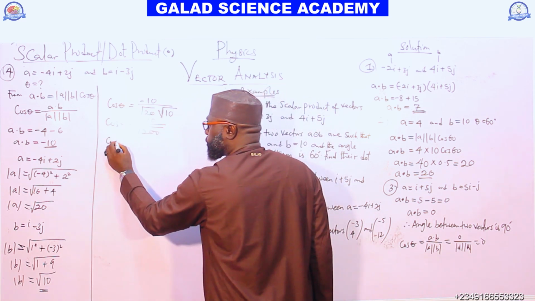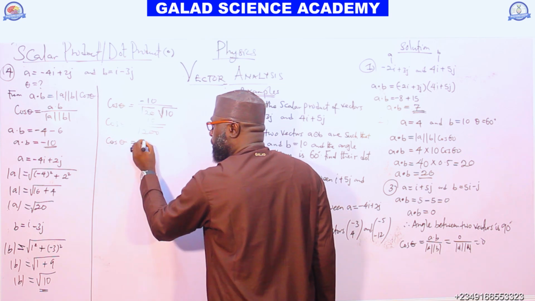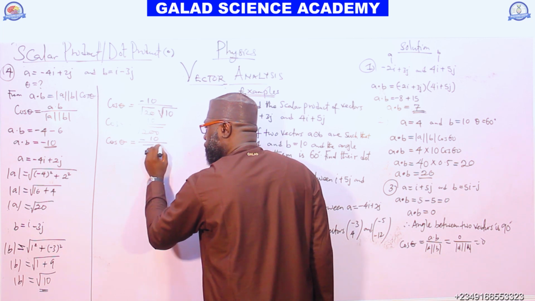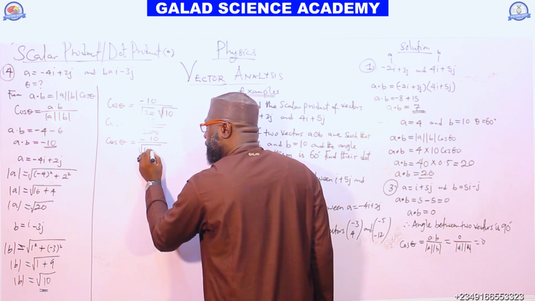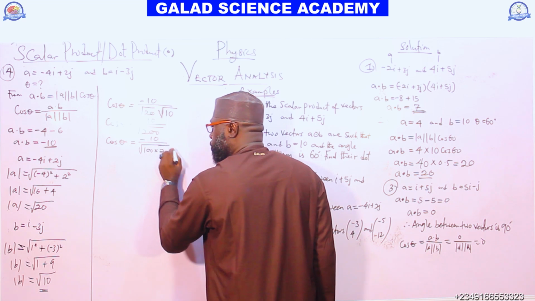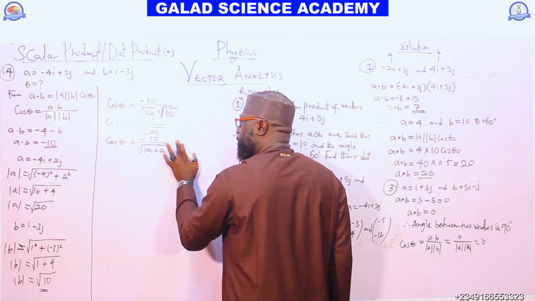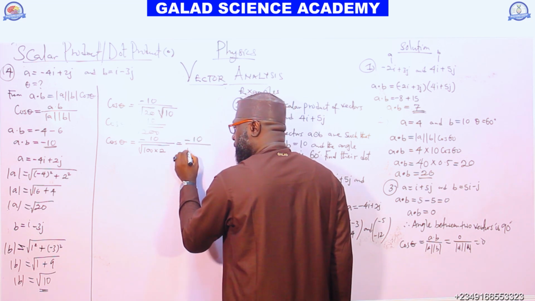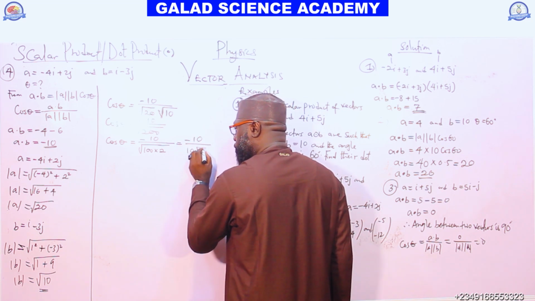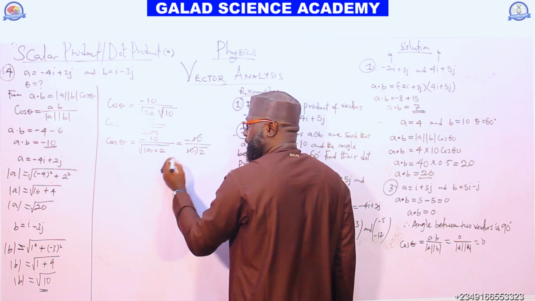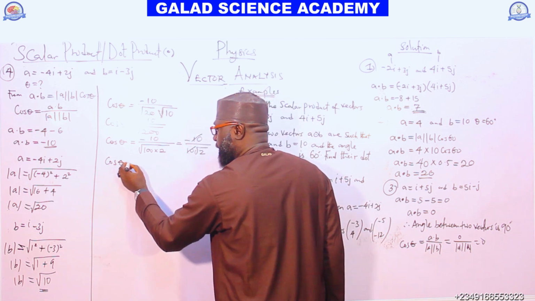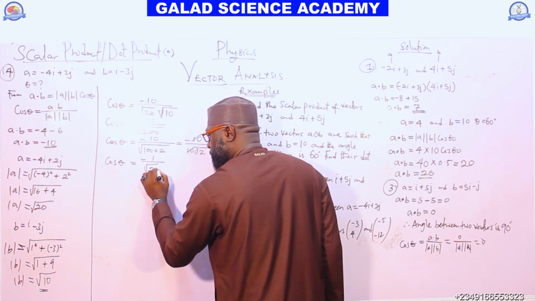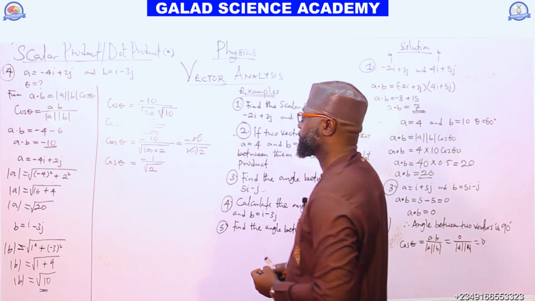If you solve this further, cos theta should be minus 10 over root 100 multiplied by 2, and the square root of 100 is 10. So minus 10 over 10 root 2. This 10 cancels 10. We now have cos theta as minus 1 over root 2 in short form.